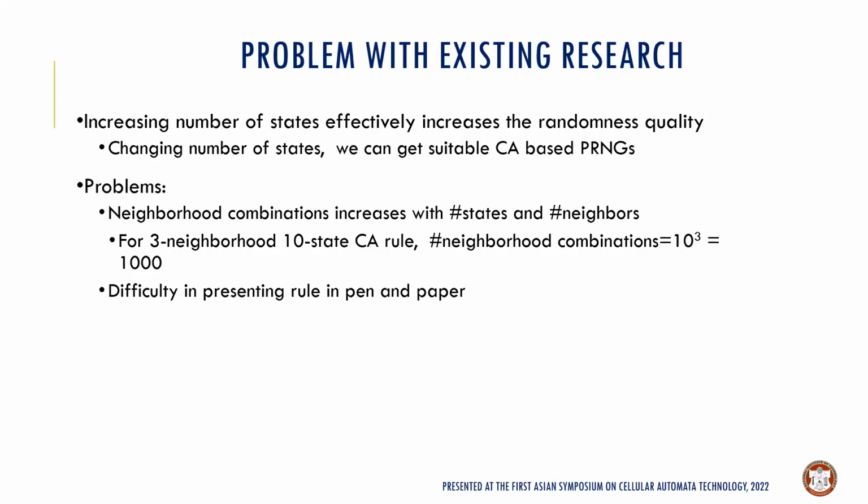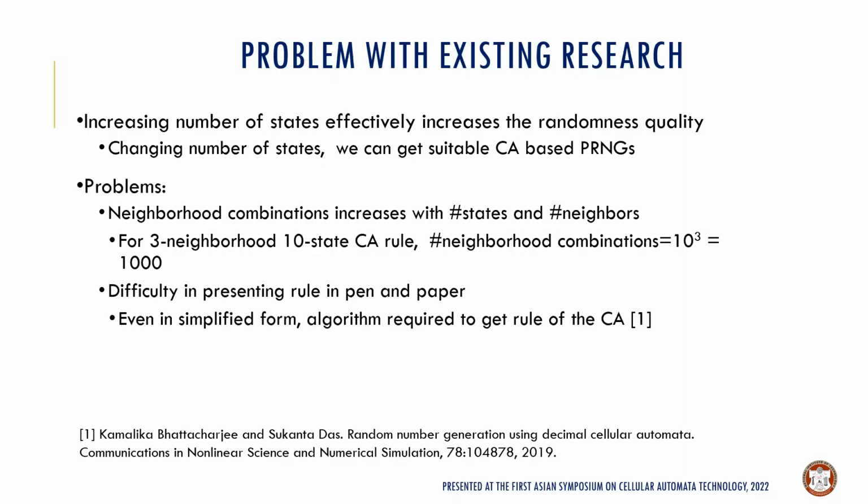For example, in the decimal CA paper there were 2 algorithms. The simplified form of the representation also required one algorithm to find the actual rule or the actual function that is going to be the local rule.